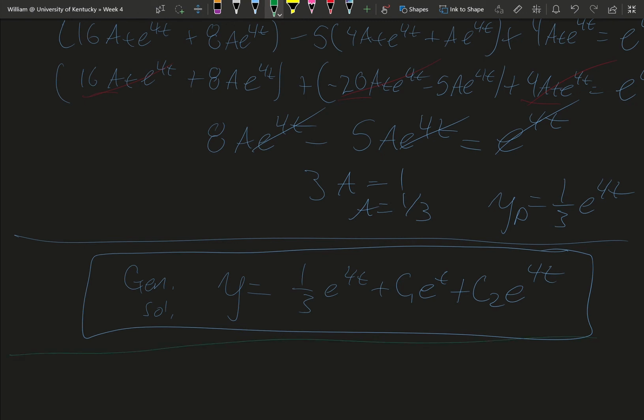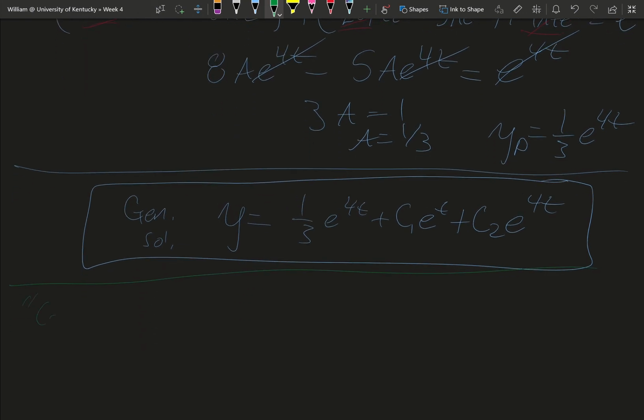So sort of our corrected guess is: take your initial guess, multiply by t until all terms of the guess are not solutions to the complementary equation.